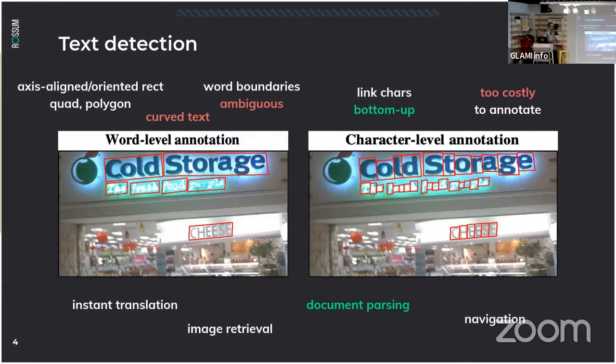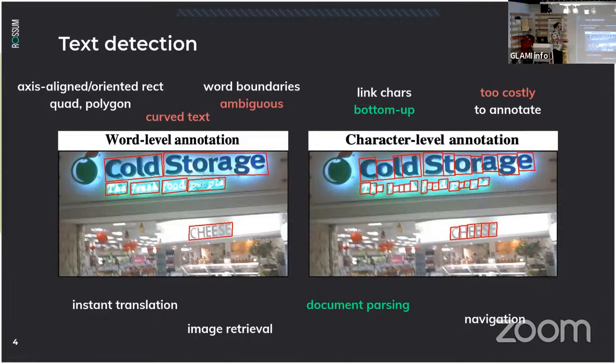And why is text detection even useful? So, for example, if you open Google Translate, want to translate some, I don't know, menu in some strange language that you don't know, you just point your camera there, and it needs to find the text and can translate the text and maybe draw characters in your language that you know. So it's instant translation. It can be image retrieval. You have a lot of photos of books, and you want to search there.